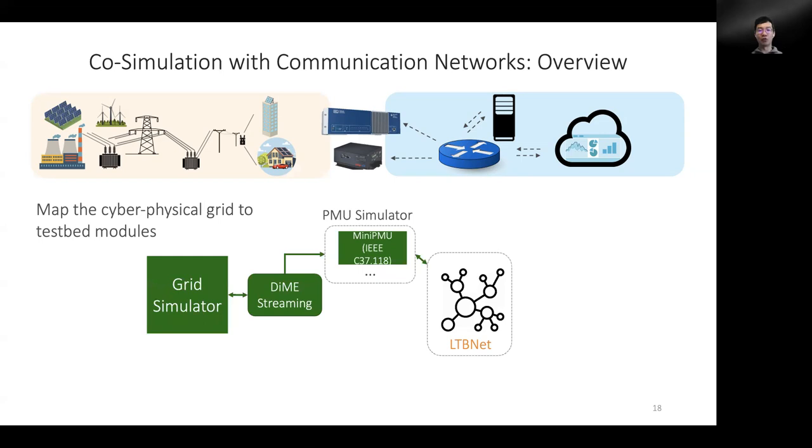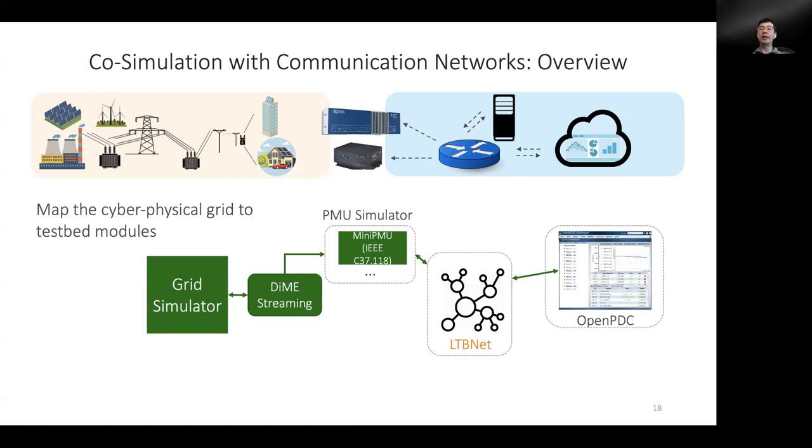Data will flow over an emulated communication network, LTB-net. On one node of the network, we can run an industry-grade data concentrator called OpenPDC. And on another node, we can run our research PDC prototype with our control algorithm.